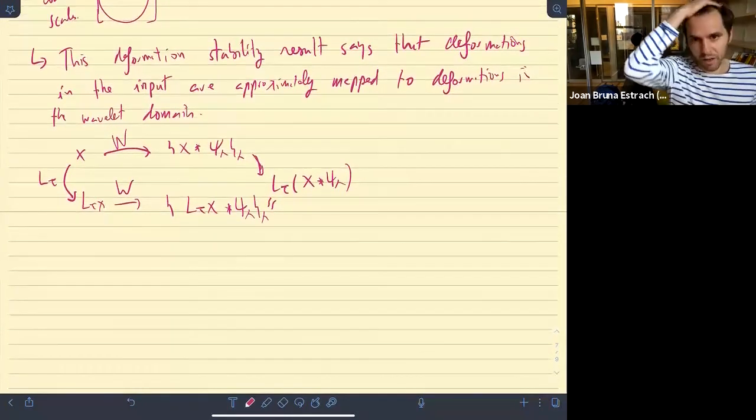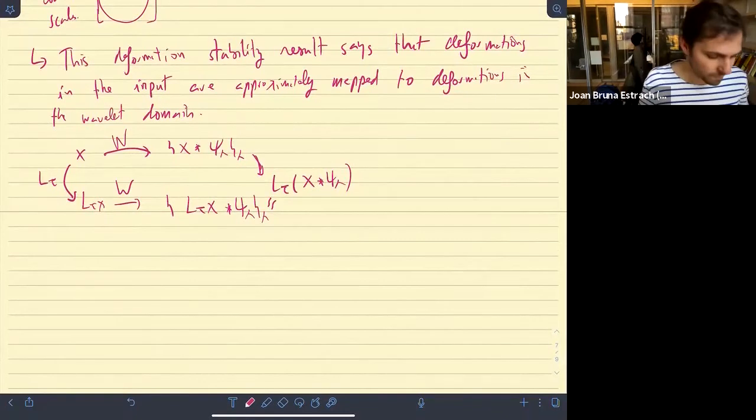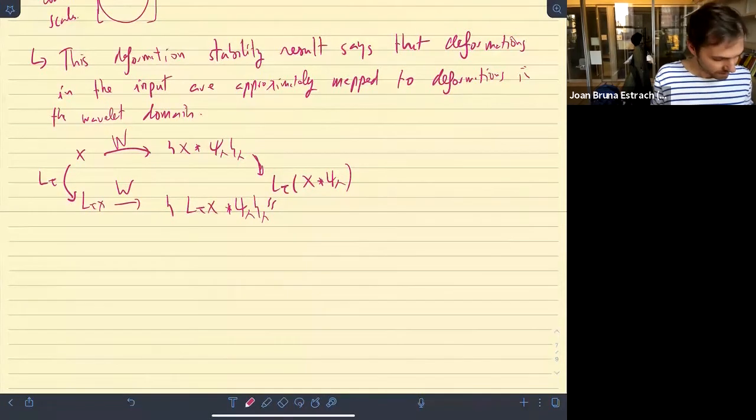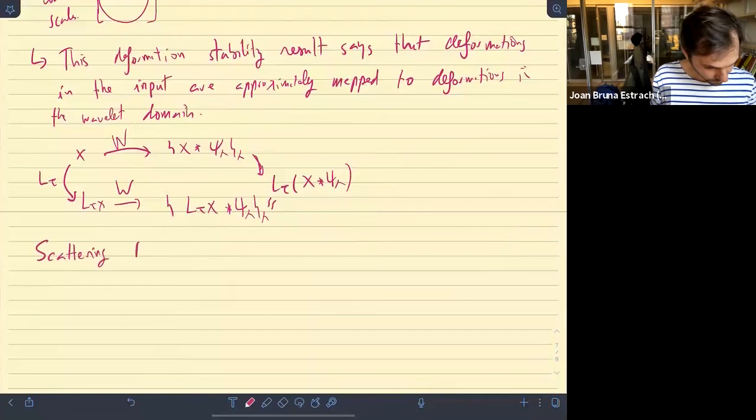So now we are done, right? Because now we are ready to define and present the scattering representation in the translation.